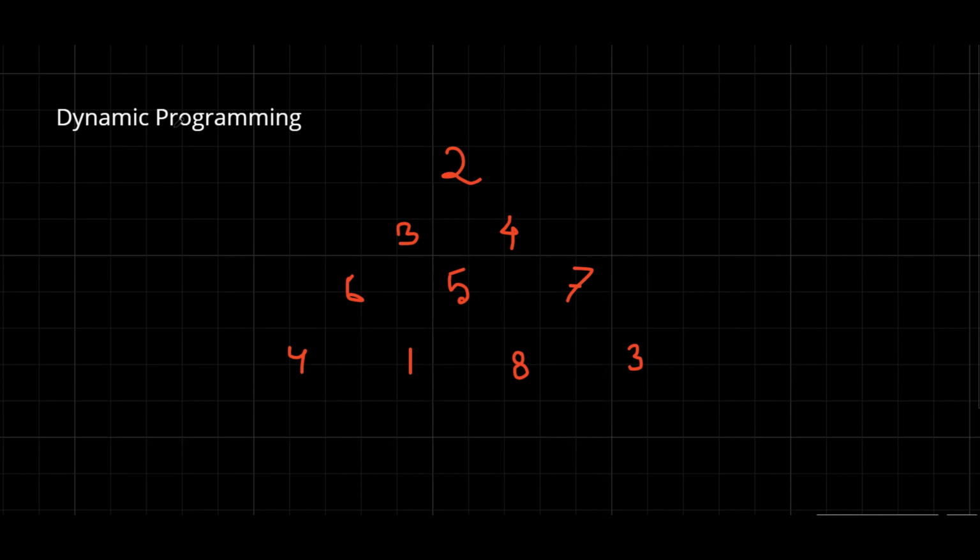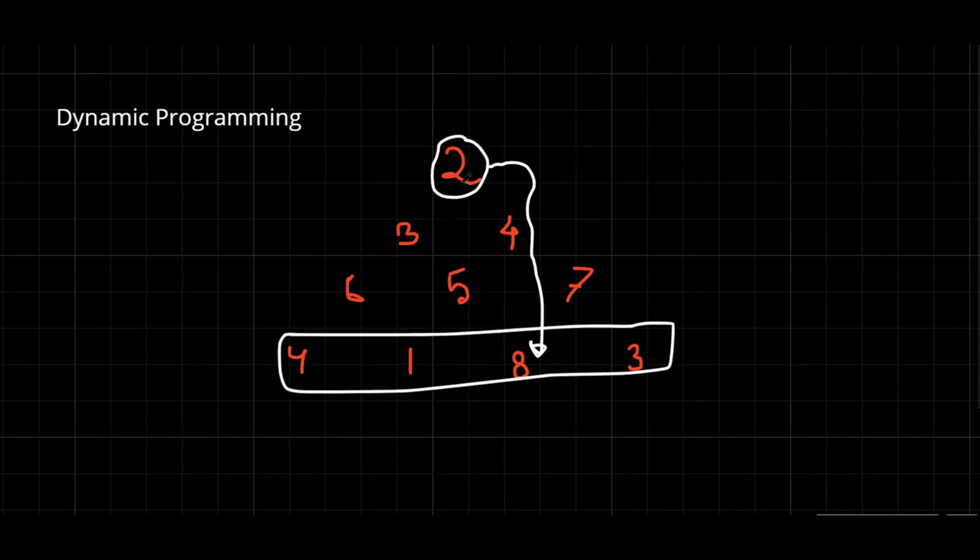So first, try to understand what the subproblem of this problem is. Suppose currently we are at this top position, which is 2. Now, our problem is: what is the minimal cost we have to pay if we want to reach the bottom row from this top row? Now suppose in the next move, we are in this cell whose value is 3.